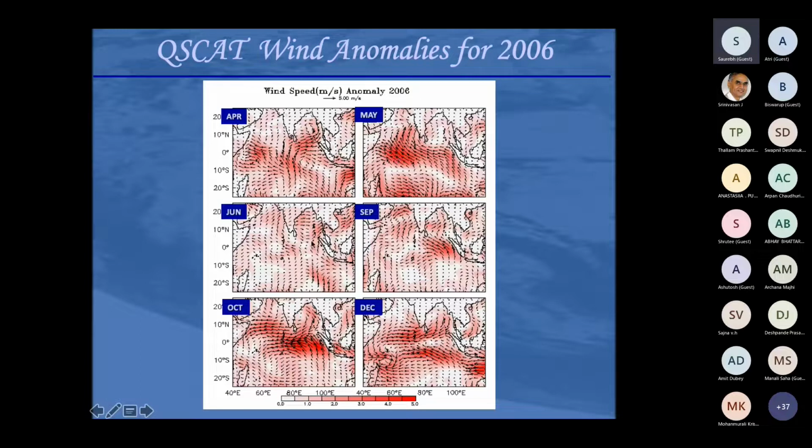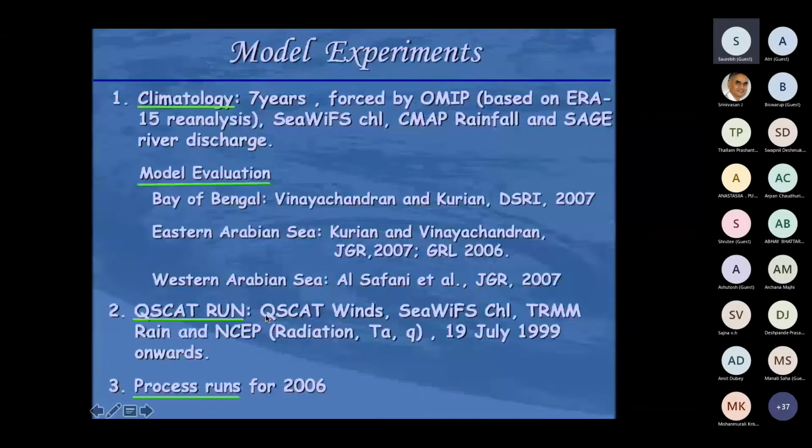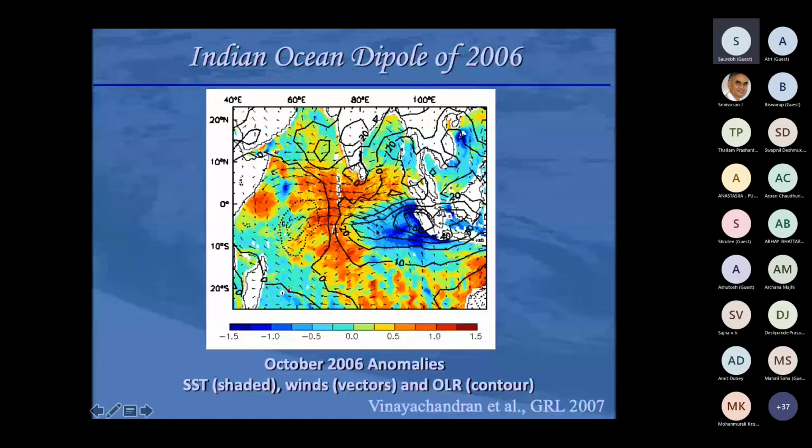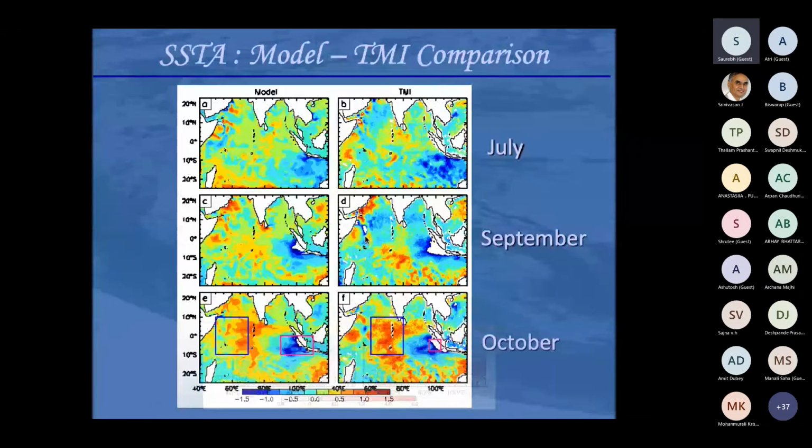Those anomalies became weaker in June and July, but they picked up again in September, and in October they were quite strong. In November they separated, and there was a patch of low winds at the equator, and it became weaker. It is in October that the response in SSTs was very high. So that's the structure of the wind anomalies.